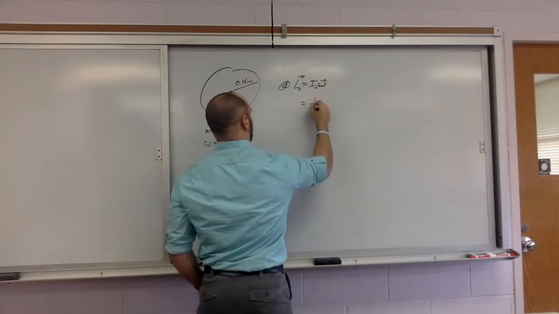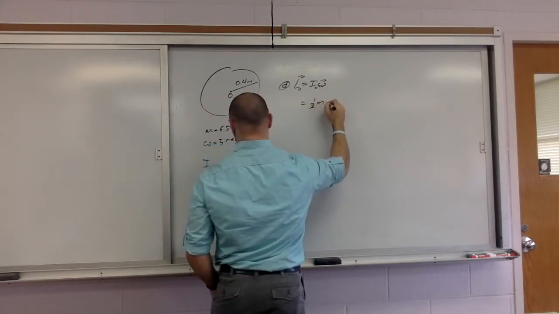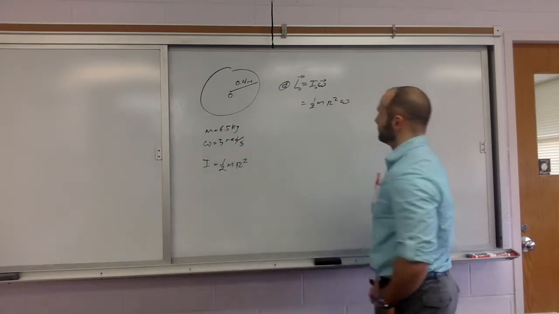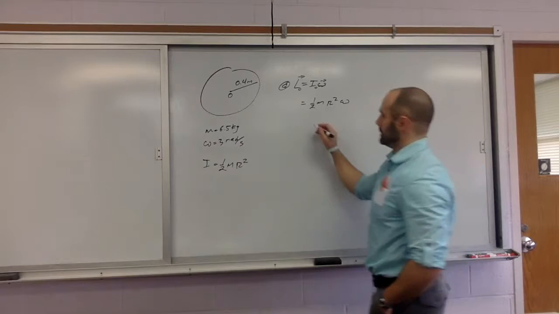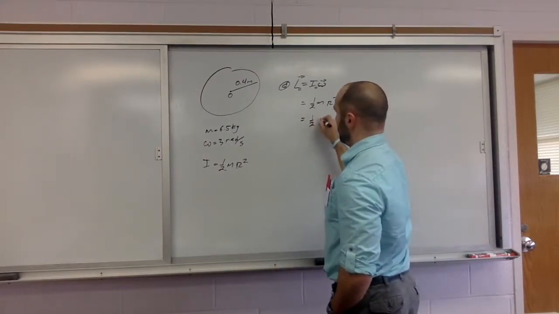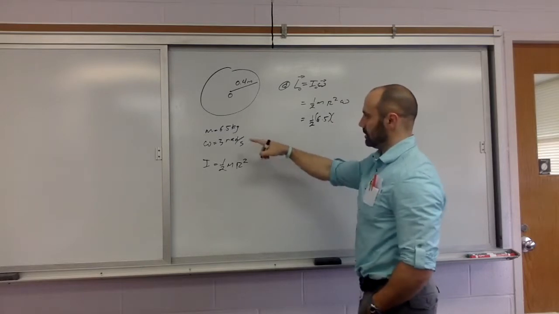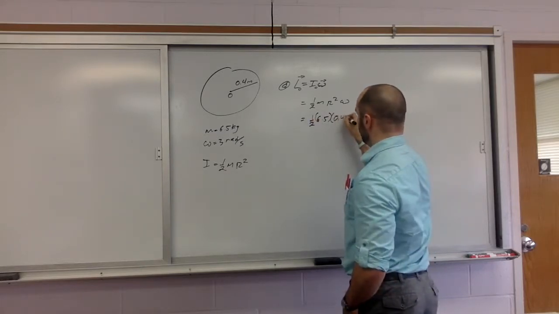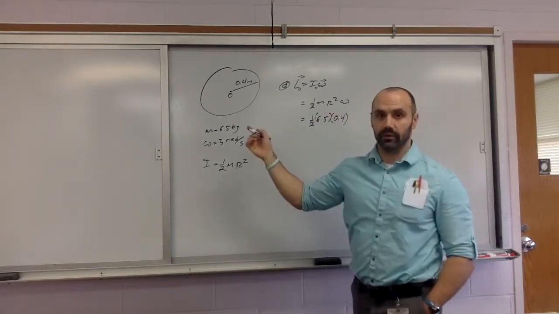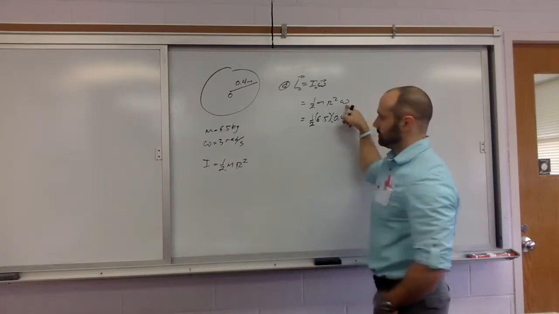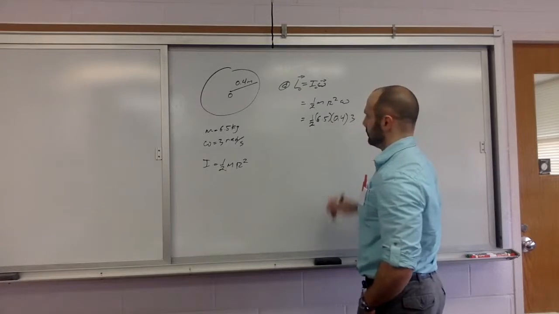And so this is going to be 1/2 mr squared times omega. So that is 1/2 times 6.5 kilograms times R, which is 0.4 meters. 0.4 because 0.8 is the diameter. Be careful about that. And then omega is 3 radians per second.